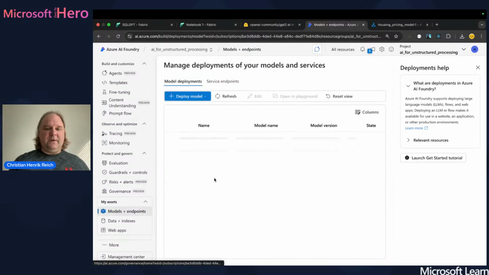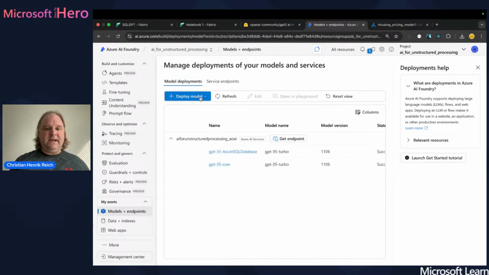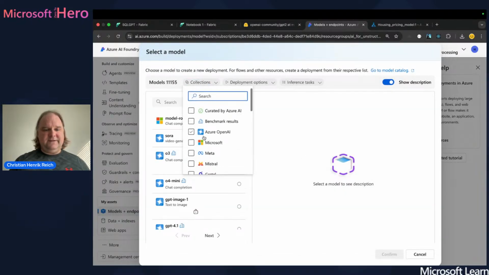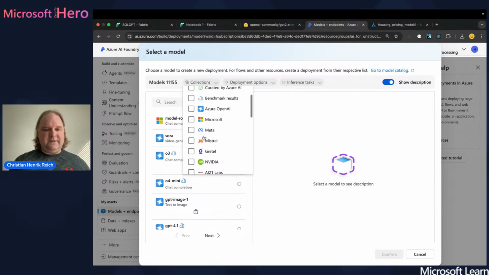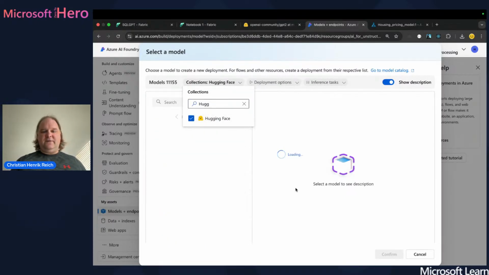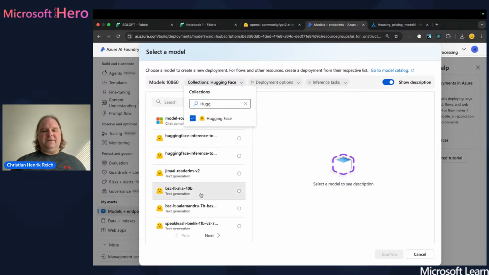But how do I use the models? I can choose deploy model, deploy base model, and look at the collections. With Hugging Face, I have all the Hugging Face models available. So I can also pull the models to me and expose them through AI Foundry, and pay for the models that cost through OpenAI.